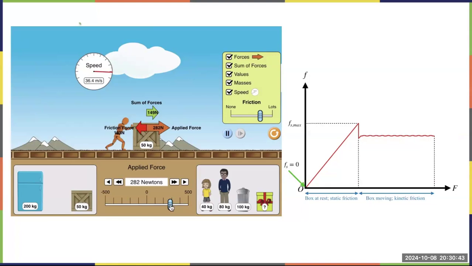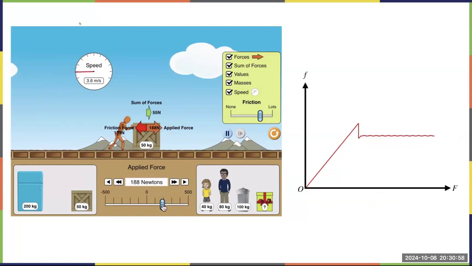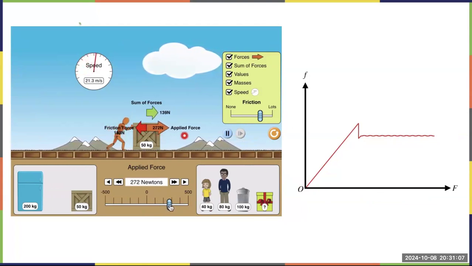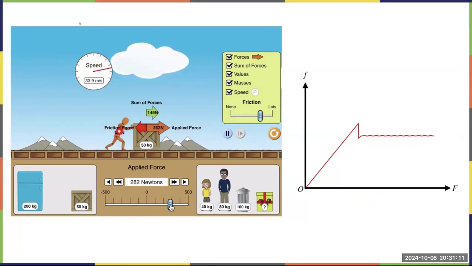As you saw in this animation here, if I keep on increasing, pay attention to this one: 30, 49, 59, 78, 99, and then 168, 173. And now all of a sudden, it decreased to like 133 Newton. So it's not changing as I'm applying more force. This is constant at 133 Newton.